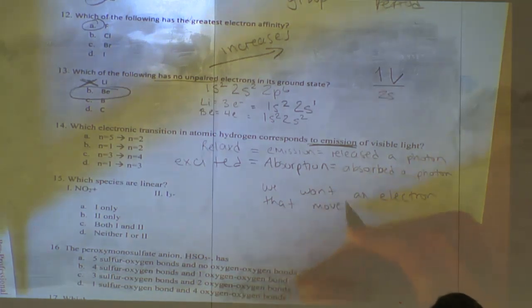So if we want relaxed, we want an electron that moved closer to the nucleus. So which one of those answer choices shows an electron that's moving closer to the nucleus by relaxing?